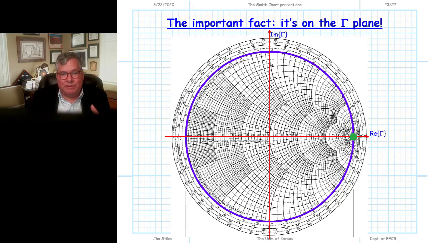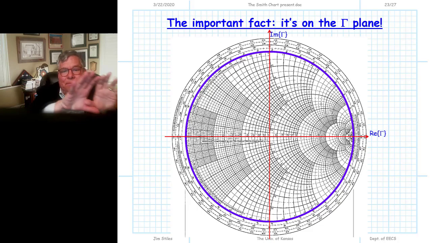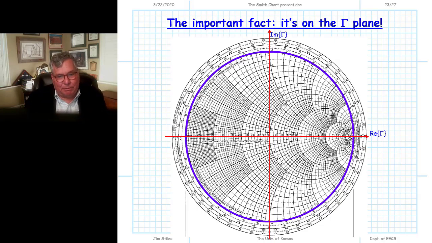The only difference between the complex gamma plane and a Smith chart is that we have plotted the mappings from the rectilinear grid, the Cartesian grid of the normalized complex impedance plane. We've mapped them onto the validity region in the complex gamma plane, and we've made those mappings explicit.